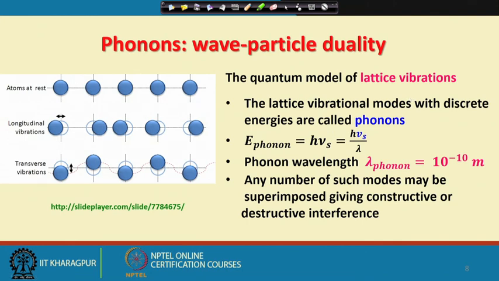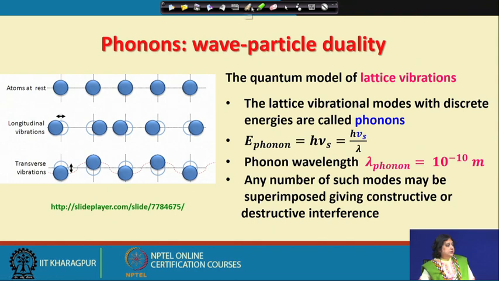Now, I will just introduce the name phonons here by saying that when you have a solid, this is a simple one dimensional representation of a periodic solid. These are the different lattice points that we can see here, and there are atoms at rest.